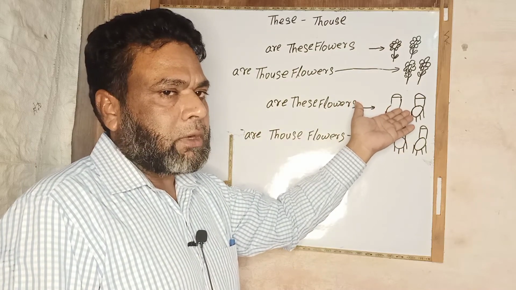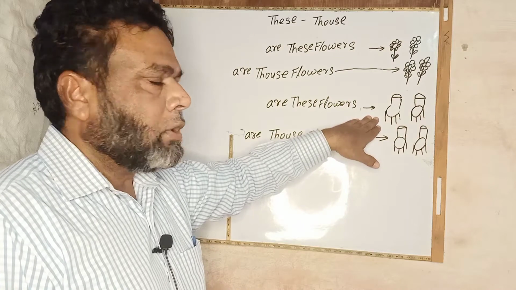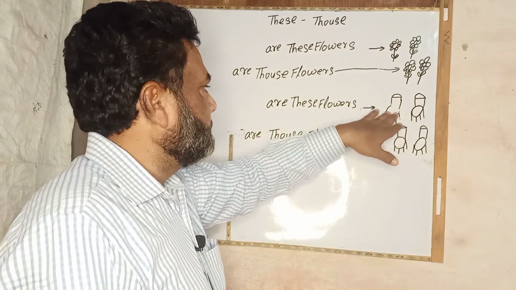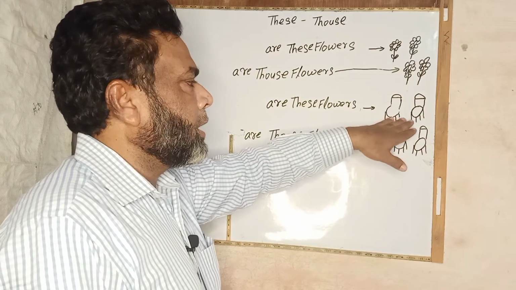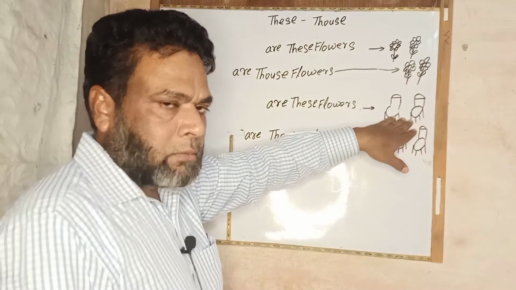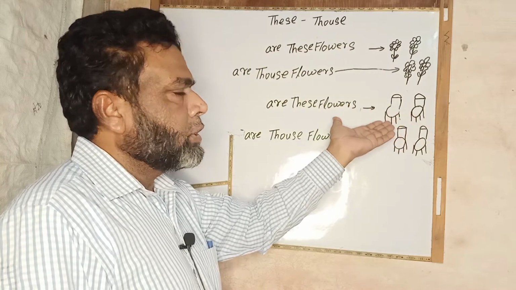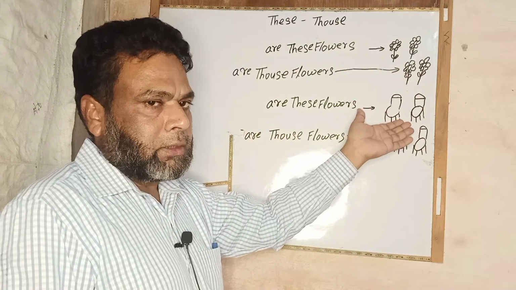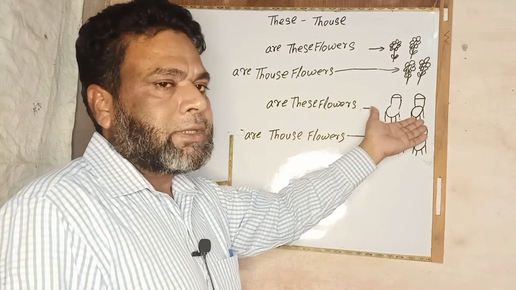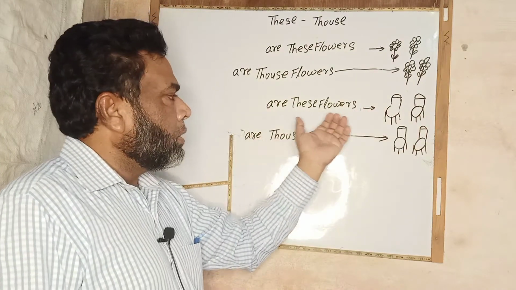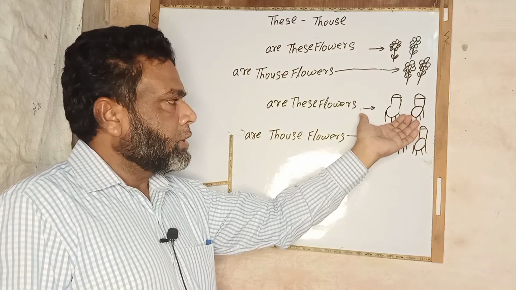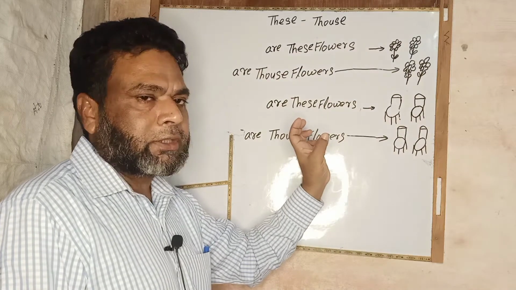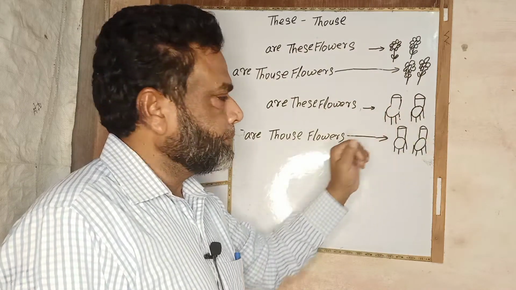Because these are not flowers, we can say no, these aren't. Because more than one, we speak aren't. Also we speak no, are not, or you speak the contraction no, aren't.